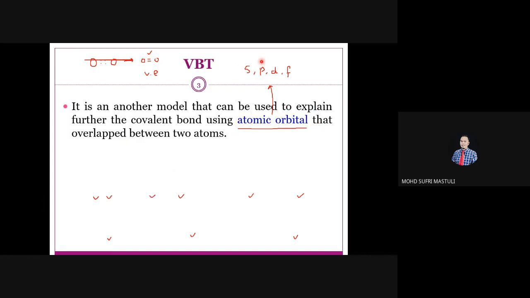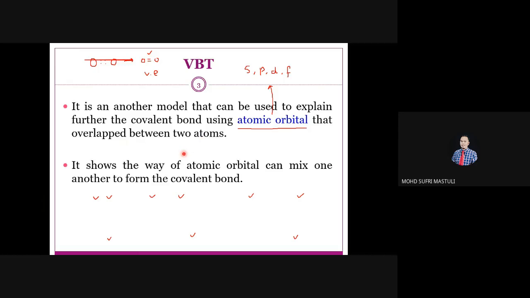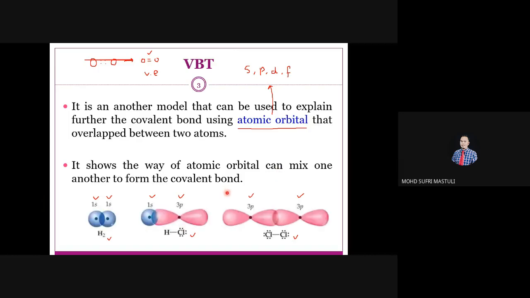We have s, p, d, f. So it's our task to identify which orbital is involved in the chemical bonding. So it shows the way atomic orbitals can mix with one another to form a covalent bond. So this is a few examples: S with S, S with P, P with P.